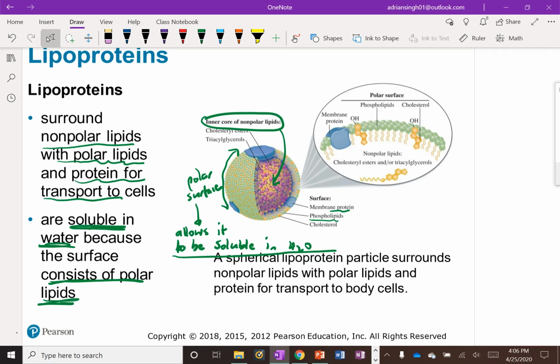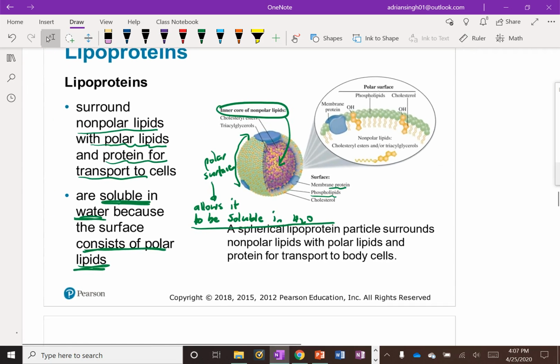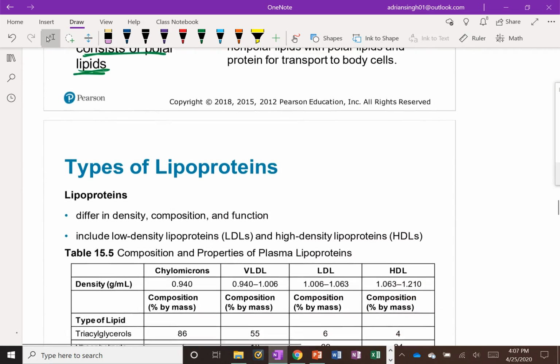The fact that something is polar allows it to be soluble in a polar solvent like water, which is what you have in the blood. And by attaching polar things to your non-polar molecules like your lipids, you allow them to be soluble in the blood so they can be transported from one part of the body to the next.